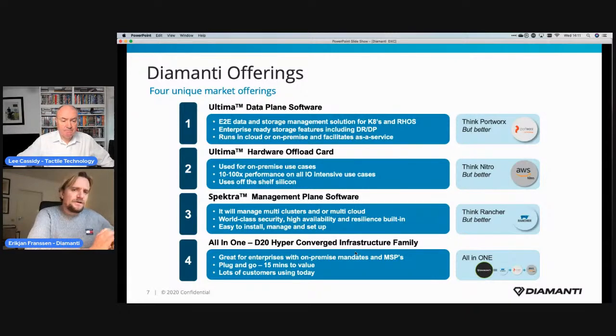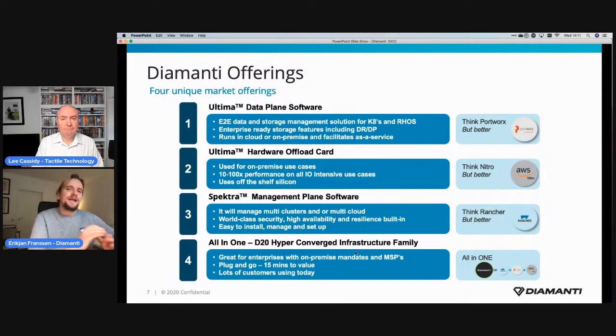Then another development is really interesting, because right now in the market, you see large companies like VMware talking about SmartNICs. You hear Amazon talking about Nitro. You hear NVIDIA talking about DPU, data processing units, which is actually ultimately a hardware offload card.